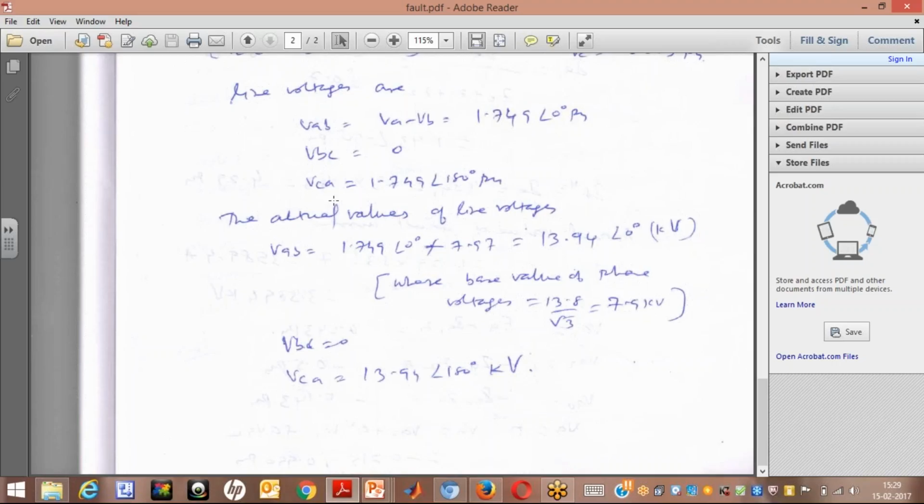That is why after calculating this value, in order to convert this per unit into actual value, surely we have to multiply it by the base phase to ground voltage, which is nothing but 7.97. So you will get 13.94 at an angle of 0 kilovolts, VAB, VBC is 0, and VCA is 13.94 at an angle of 180 degree kilovolt.